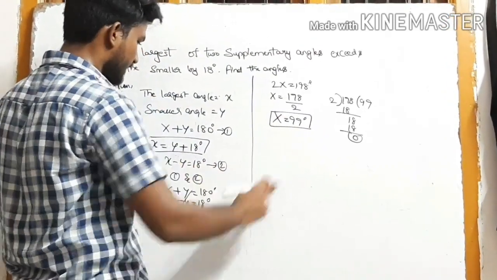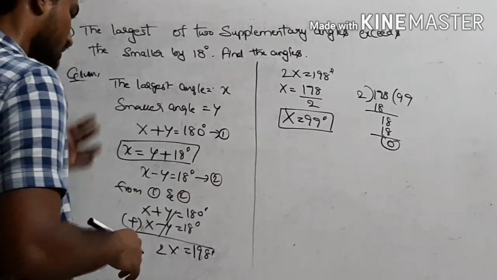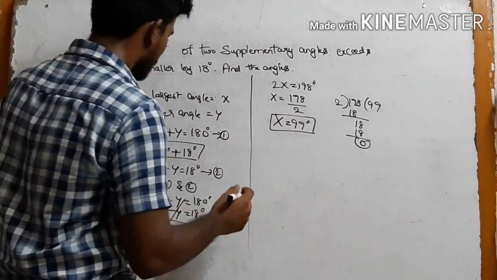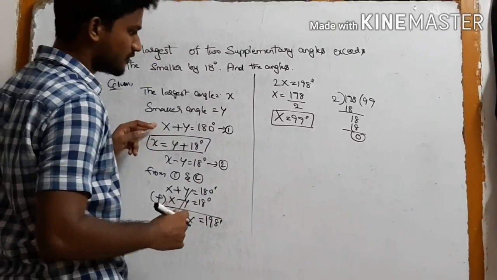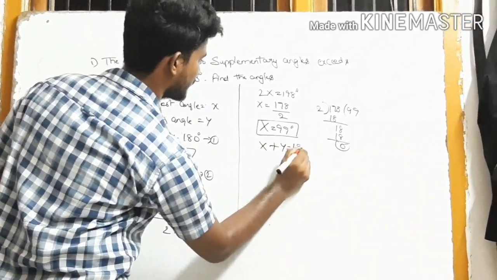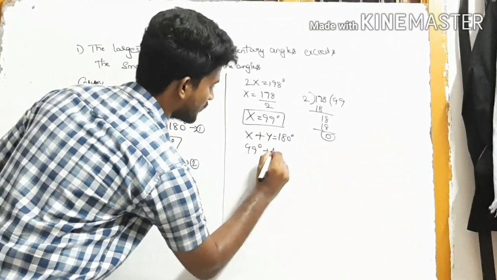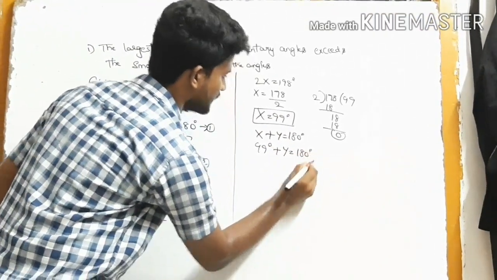From x equals 99 degrees, substitute this in the first or second equation as we like. I take the first equation, x plus y equals 180 degrees. Then 99 plus y equals 180 degrees.